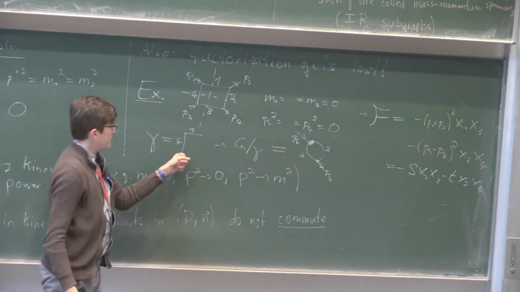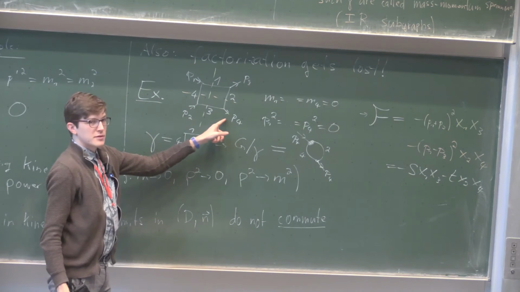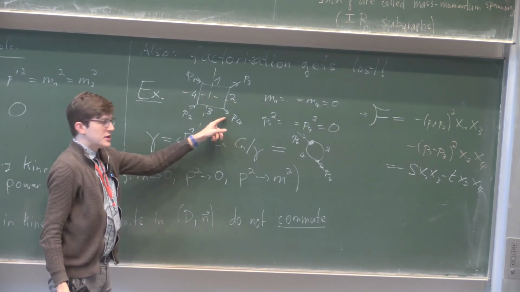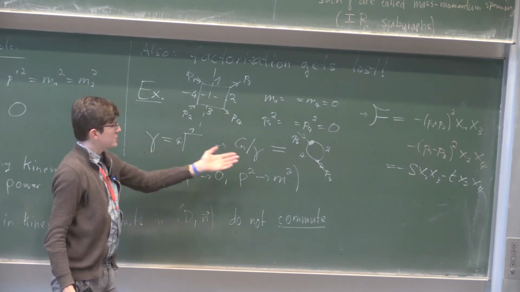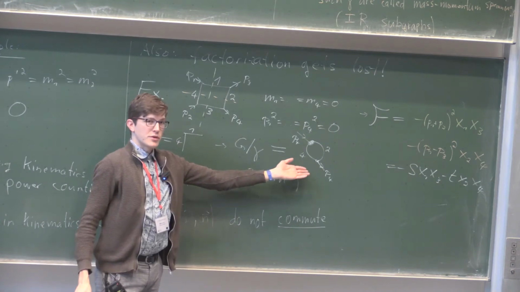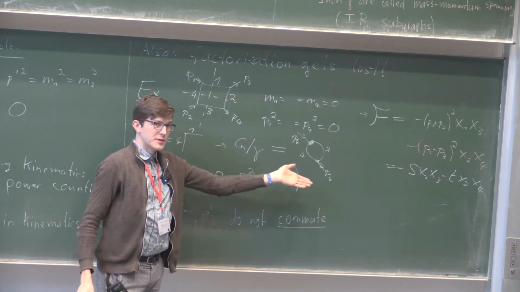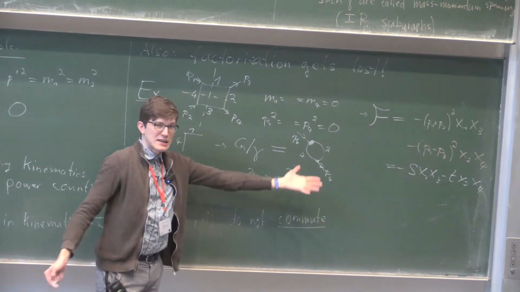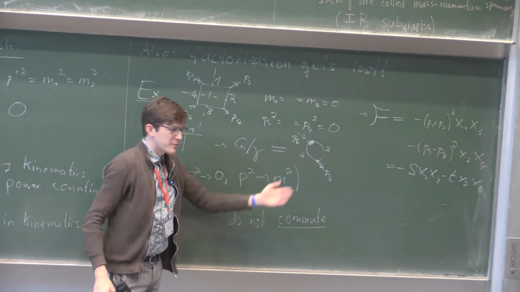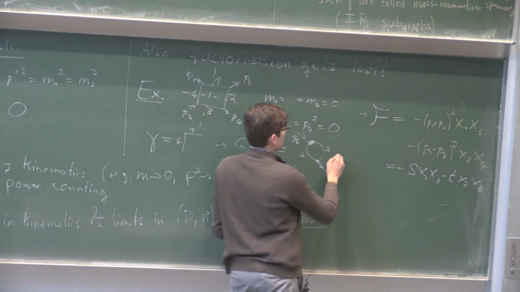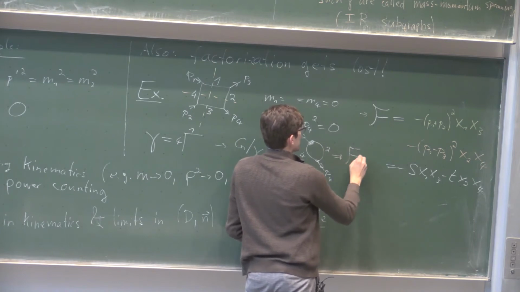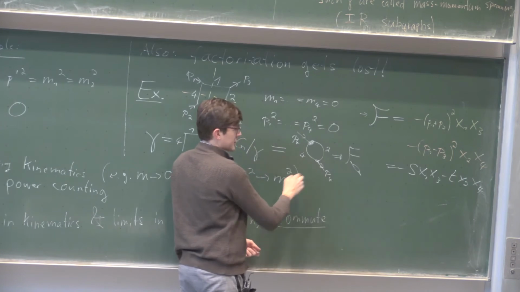So this graph is not mass momentum spanning because it does not connect the fourth leg. So in a general kinematic situation, this would have a non-vanishing F polynomial because there is a momentum running through. But in our case, this momentum is light-like. So there is actually no kinematics in this case, right? So the F polynomial of this massless bubble with a light-like momentum is 0.